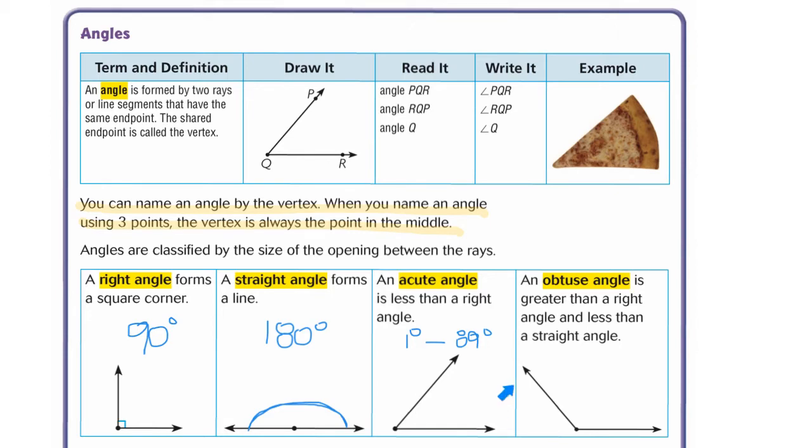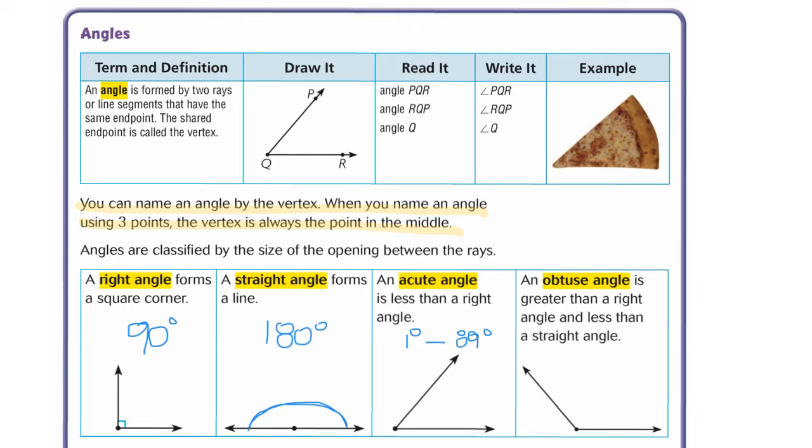Lastly, you have an obtuse angle, which is an angle that is greater than a right angle and less than a straight angle. So it would be kind of like in this range right here. It's anything greater than 90 and less than 180.